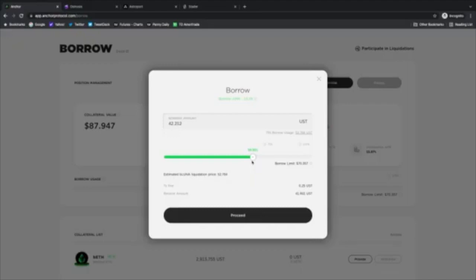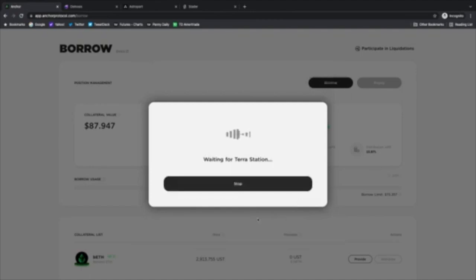So I'm going to borrow 60% of the Luna I just bought, the 1 bLuna. So I'm going to borrow $42.35. So I'm just going to proceed. You're going to see my UST value in my wallet go up by $42 and 35 cents, whatever I remember to borrow.